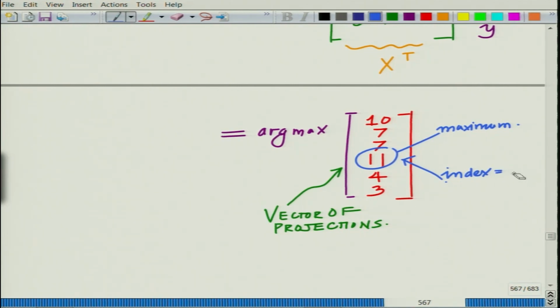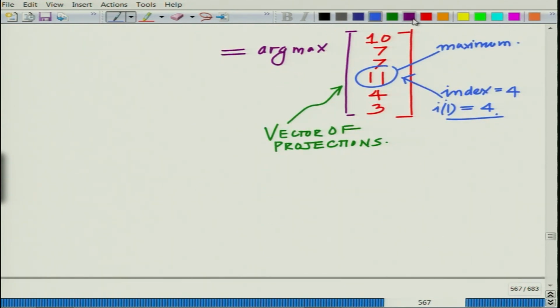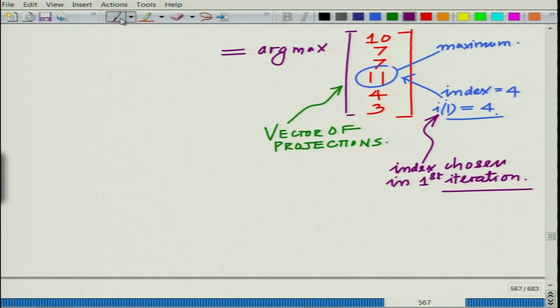So, this implies the index chosen in the first iteration, that is I1 equal to 4.